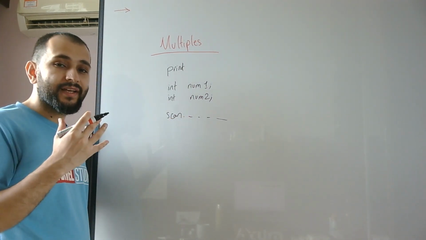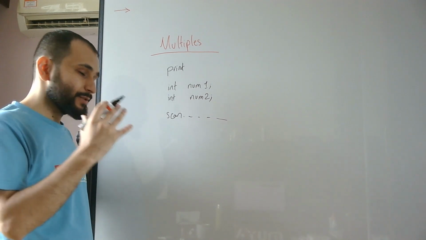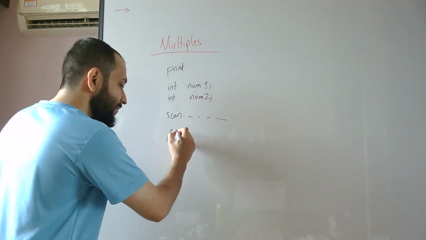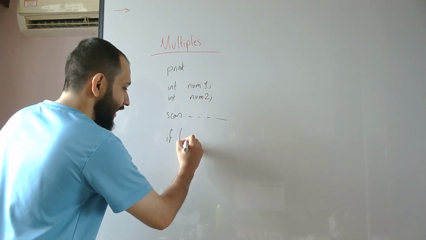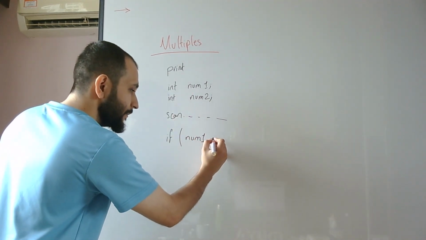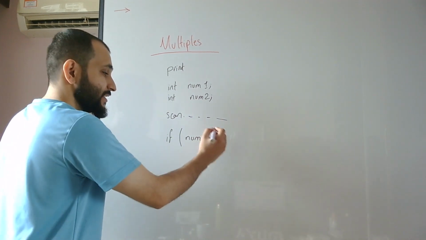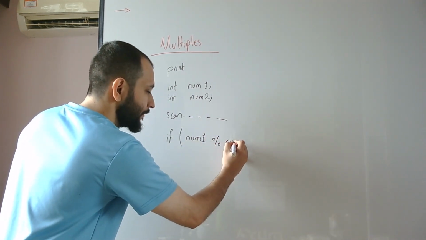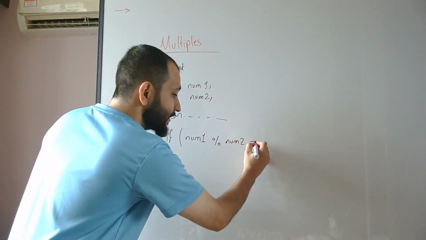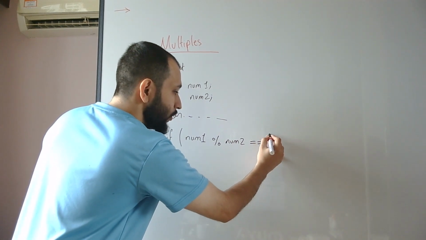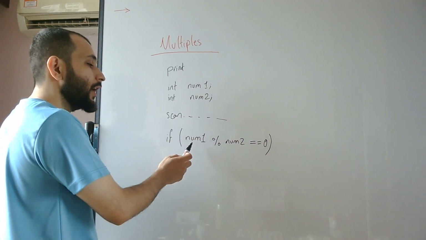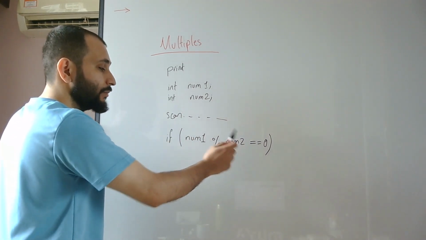Now it's time to write the main logic of this program. We can write the main logic using the if statement. In the if statement, we say that if num1 that was provided by the user is divided by num2, and the result of this division yields a remainder of 0, that means that this num1 is divisible by num2, or this num1 is a multiple of this num2.